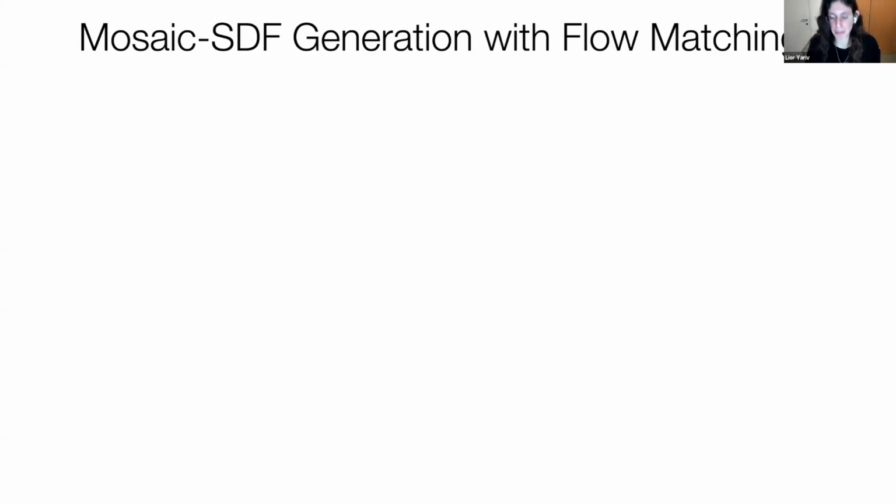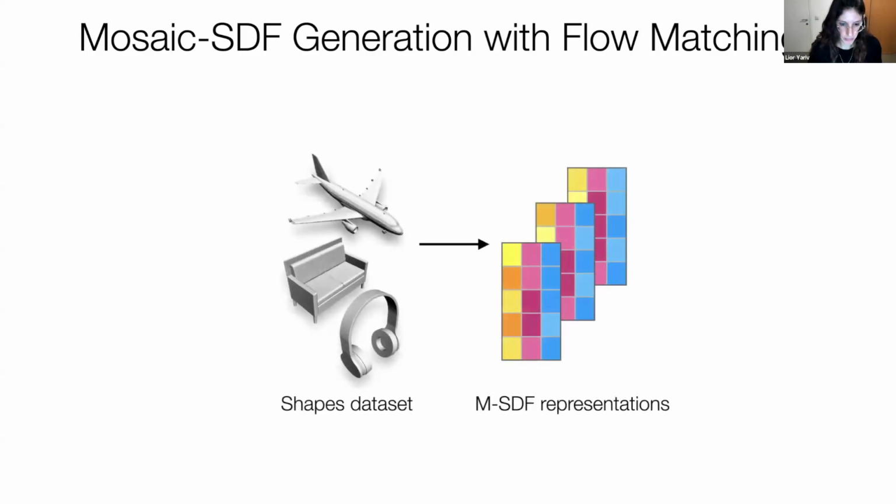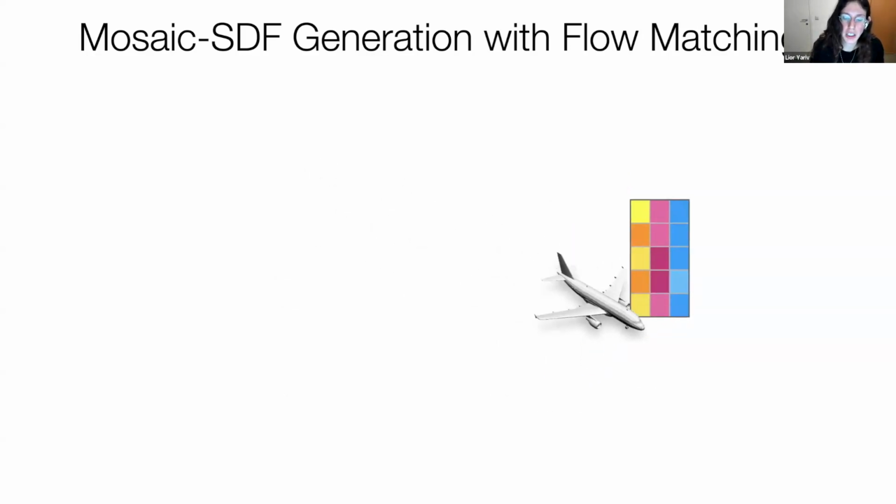So this slide will be a bit more similar to what we saw in images, but for our representation now. The first stage, in order to train a 3D generative model, is to take the data set of shapes and transfer it to M-SDF representation. And as I said, we can do that parallelized on multiple GPUs, and it can be very efficient.